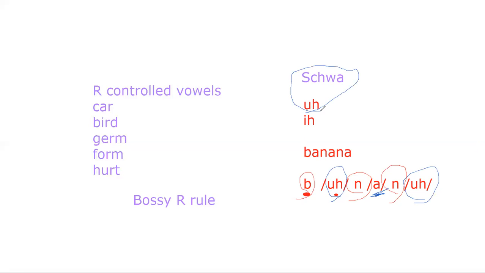So schwa is what? Any vowel can make the schwa sound. It sounds like a weak A or E. And there can be words which have more than one schwa, and there's no particular rule to say that out of the three vowels or out of the four vowels, how many of them will be unstressed.